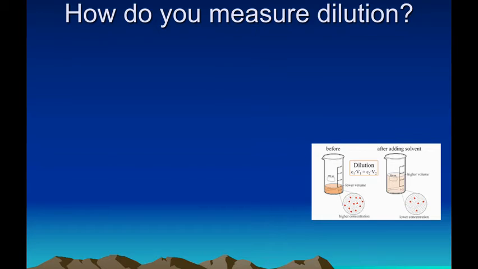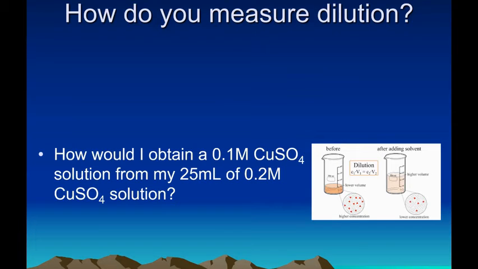So sometimes scientists want to dilute things. How would I obtain a 0.1 molar CuSO4 solution, or copper 2 sulfate solution, from my 25 milliliters of 0.2 molar CuSO4? The equation you're going to use is the dilution equation, M1V1 equals M2V2.